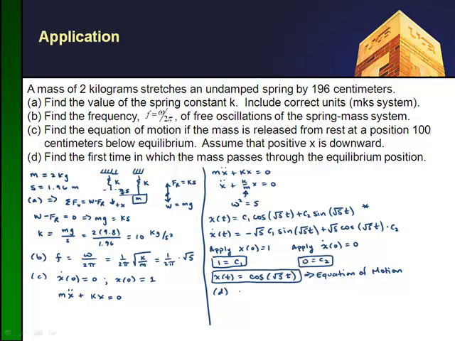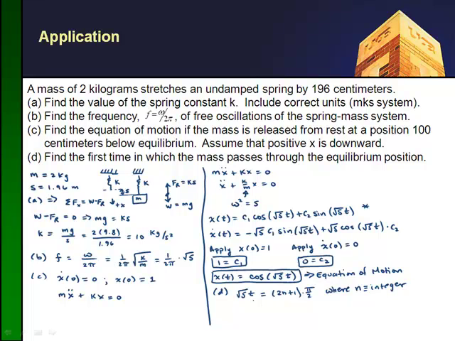So without getting too involved in this, I could just set the argument root 5t equal to an odd multiple of pi over 2. Let's call this 2n plus 1 times pi over 2, where n is an integer.